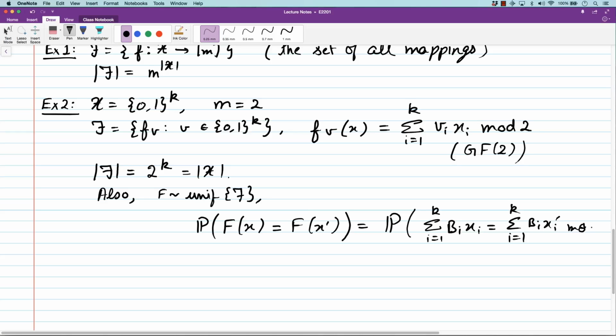This equality is mod 2, where b_1 to b_k are random uniformly distributed bits. I'm just calling them random bits. They show 0 and 1 with equal probability and they're independent.